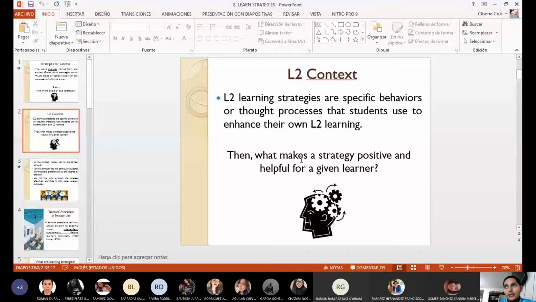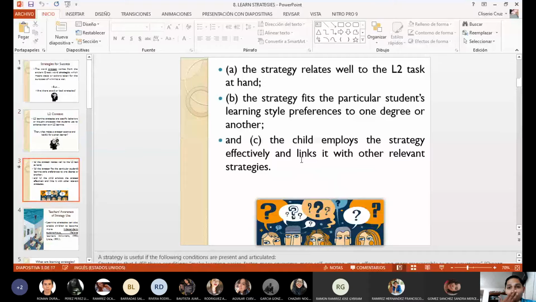And that's why some researchers started investigating how a strategy can become positive for groups of people, for communities of practice, for societies, for specific languages. And the result of this exploration was data on how the strategy needs to be implemented and how it has to be fostered.